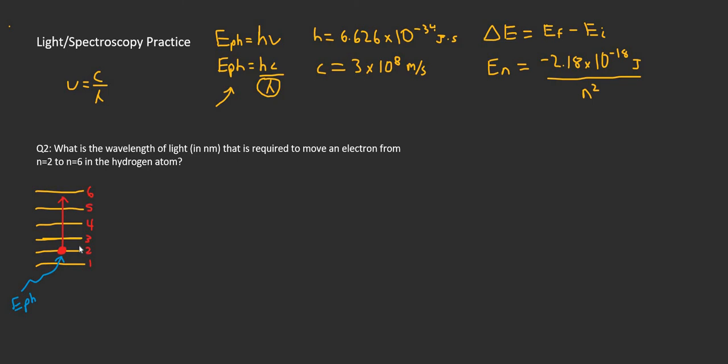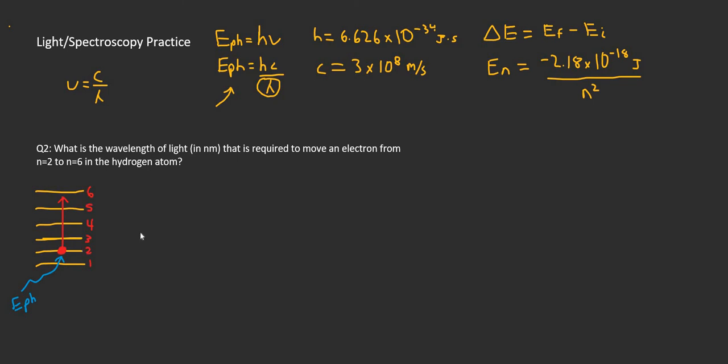Is this absorption or emission? Well, hopefully you said absorption, because that's exactly what this is. Remember, when you go up energy levels and you take on the energy of a photon, you're absorbing. You have the process of absorption. So that's what this is right here.